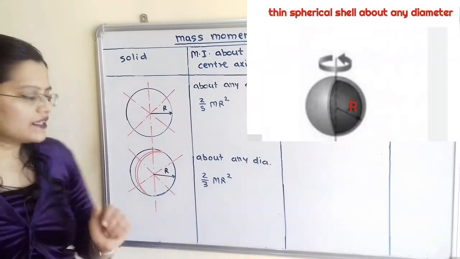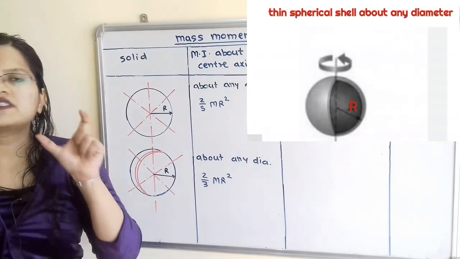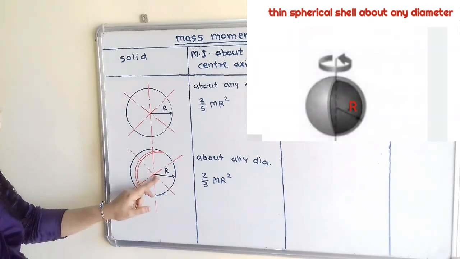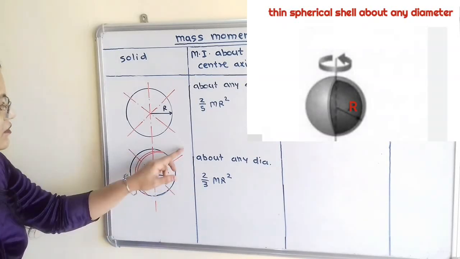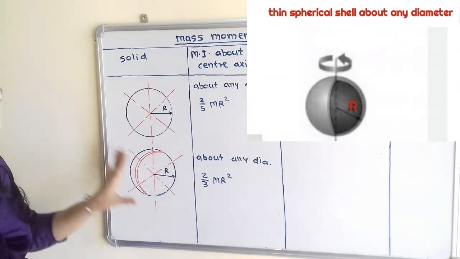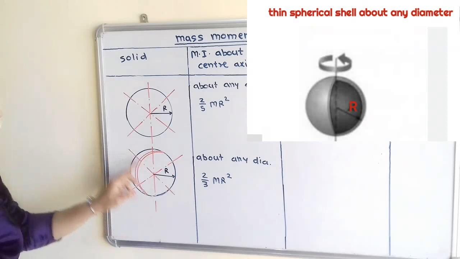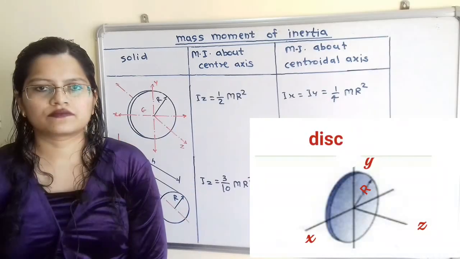It is thin, and that's why we consider the radius of this thin spherical shell as r. When we draw the axis passing through the center of this shell, the moment of inertia about any axis is equal to 2 by 3 mr square.